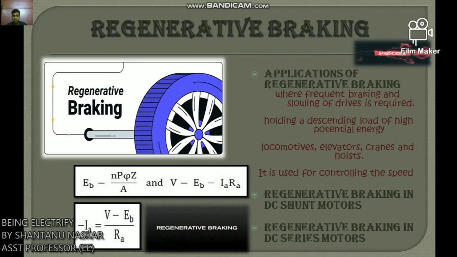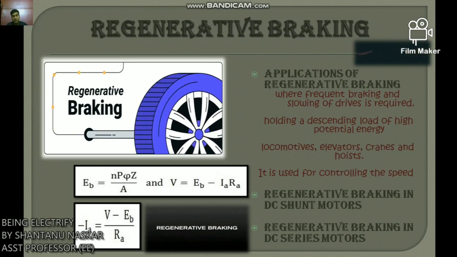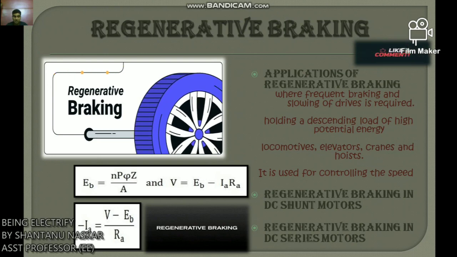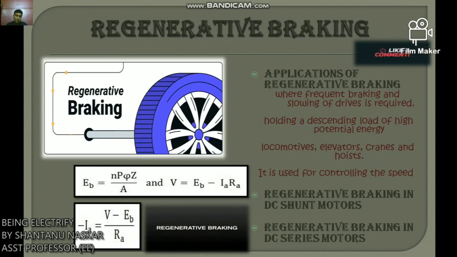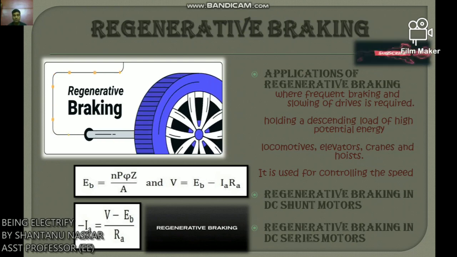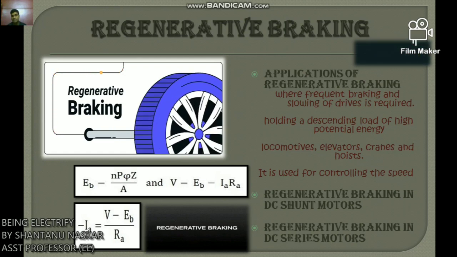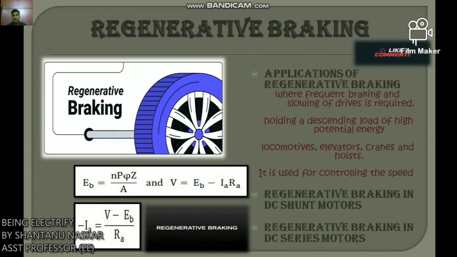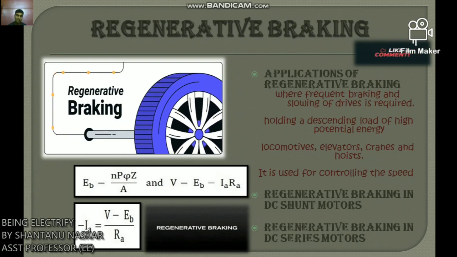Regeneration is required where DC series motor is used extensively, such as in traction, elevator, hoist, etc. For example, in an electric locomotive moving down the gradient, a constant speed may be necessary. In hoist drive, the speed is to be limited whenever it becomes dangerously high.